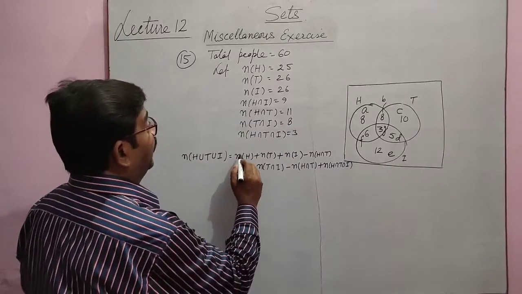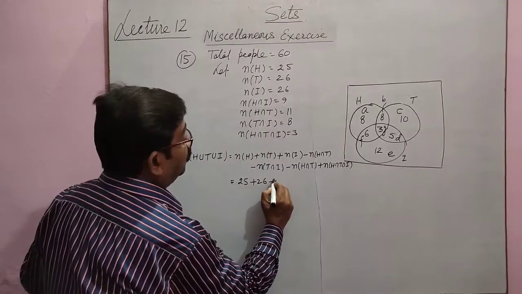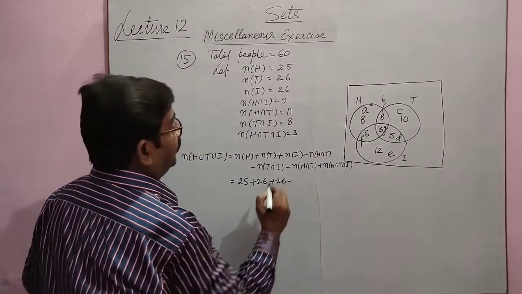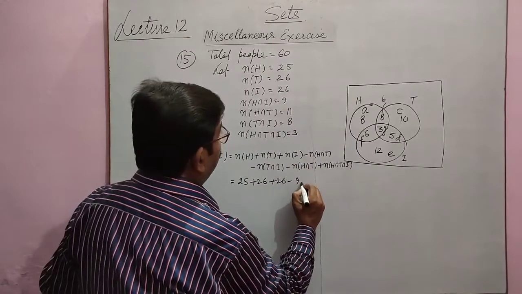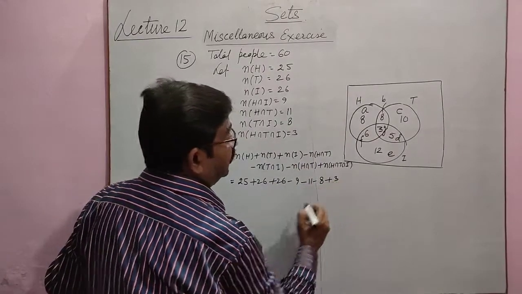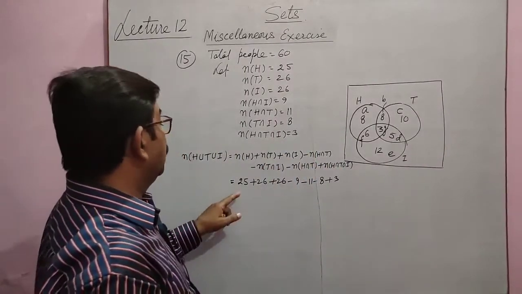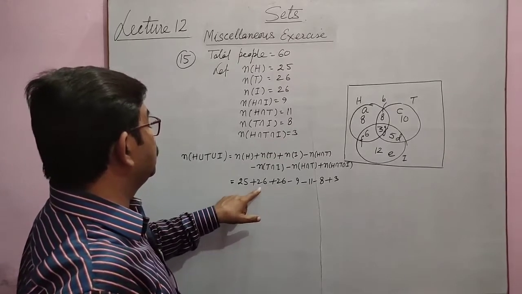So what we have, n(H) 25 plus 26 plus 26 minus 9 minus 11 minus 8 plus 3. This one is given 3. Add all this. What we have, 26, 26, 25.